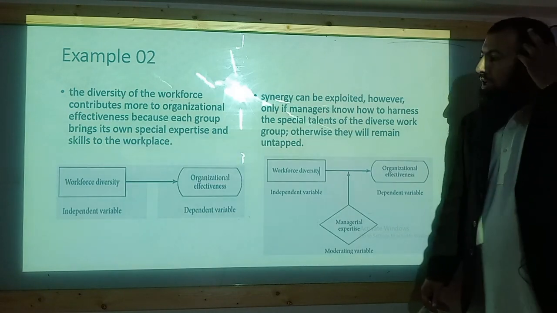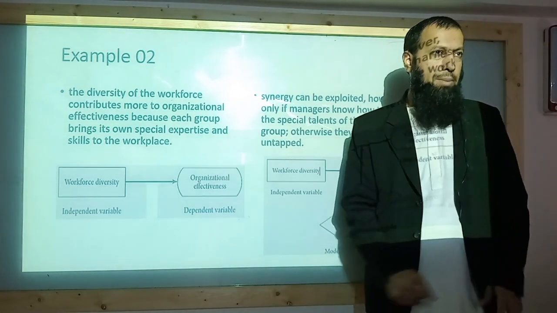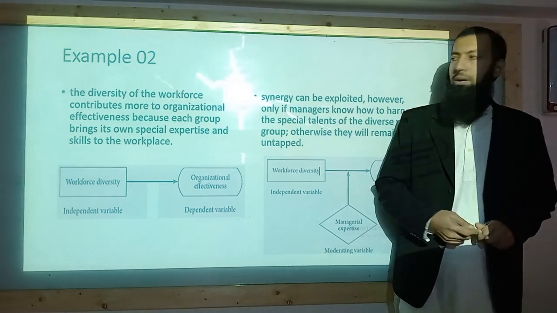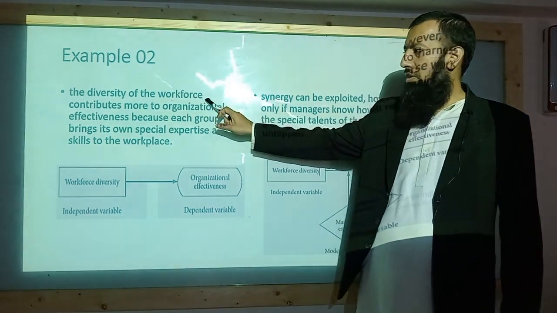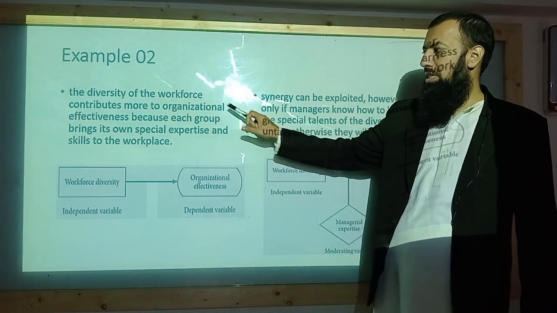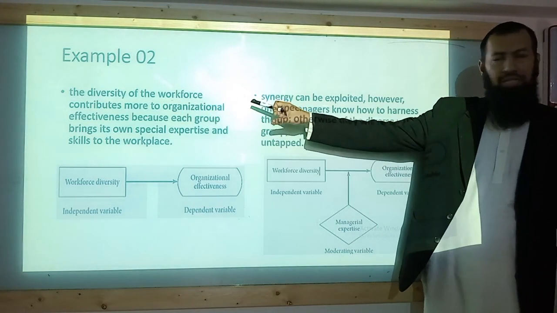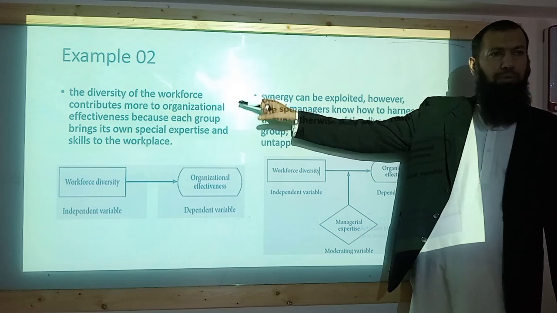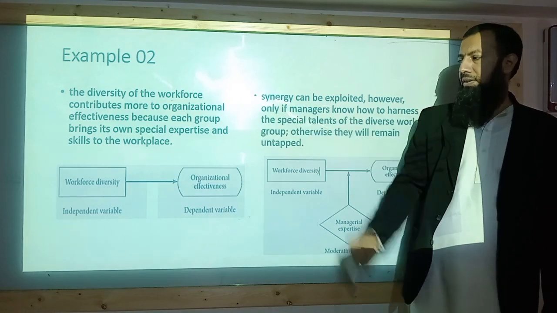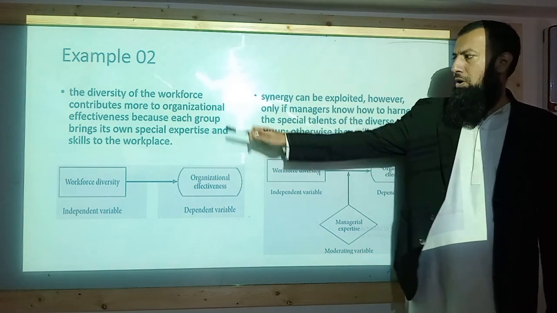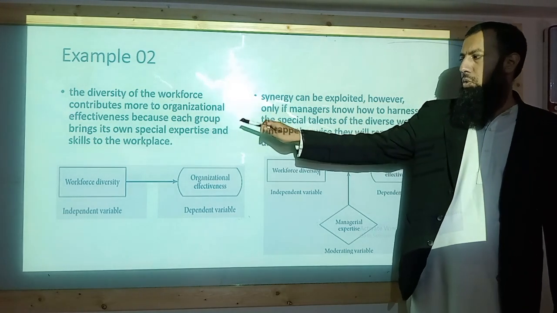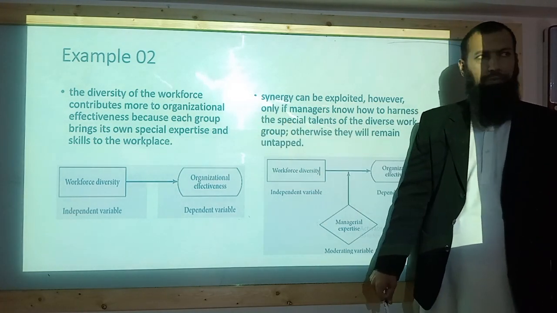Okay. Another example, example number 2 of the moderating variable. The diversity of the workforce contributes more to organizational effectiveness, because each group brings its own special expertise and skills to the workplace.